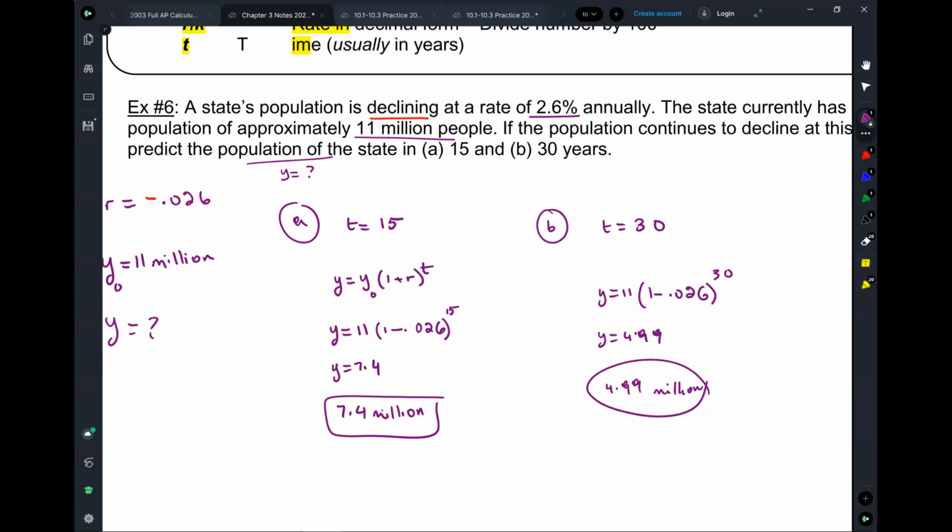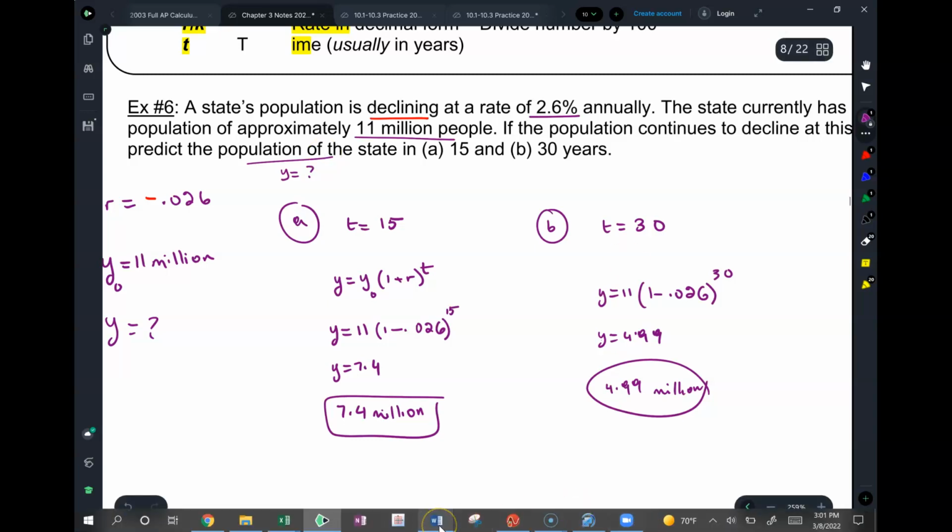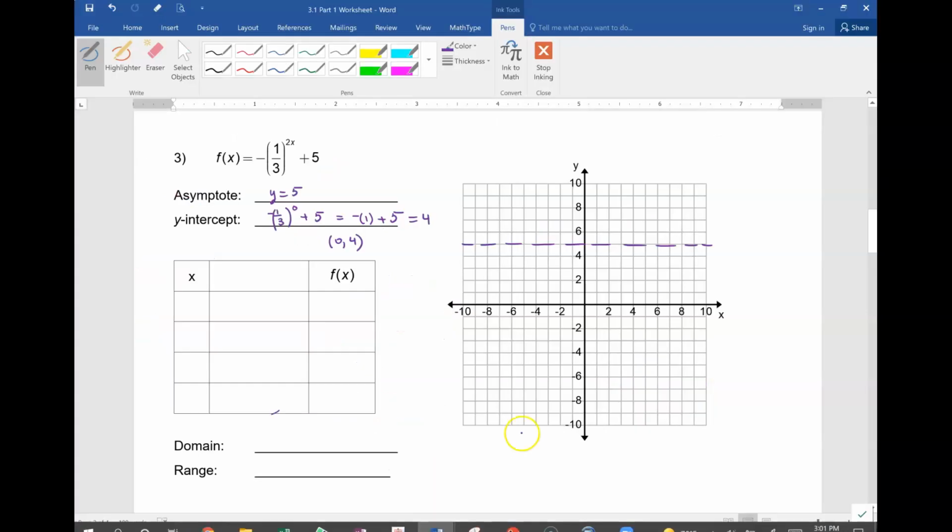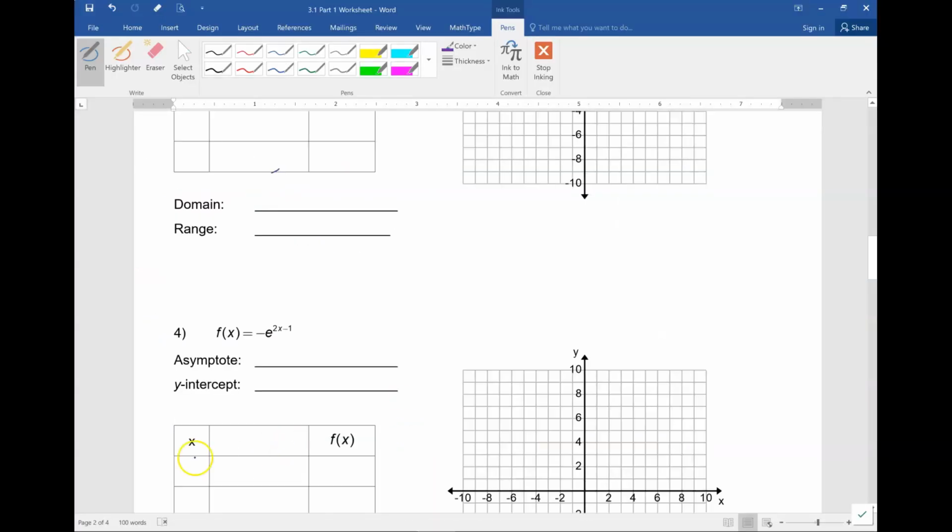We started from 11 million people and the population is decreasing, so it makes sense that we got a smaller number and then an even smaller number. If you had gotten, let's say, 17 million, you would have known something was wrong. All right, are there any other homework questions we can go over from this set?